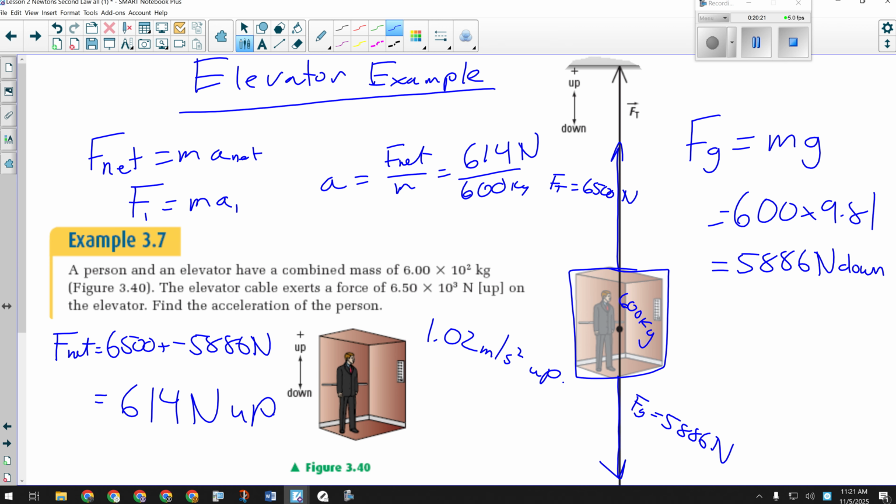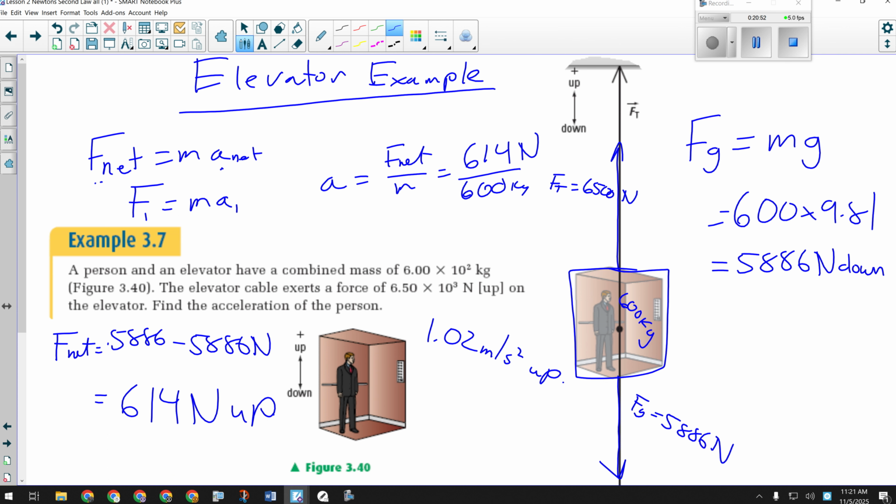If the object travels at a constant velocity, what's a? 0. If a is 0, so is the net force. Would you agree? And if this is the vector sum of all forces, then if it's going to travel at a constant velocity, you've got to have 5,886 up minus 5,886 the other way. Now it'll travel at a constant velocity. There will be no acceleration.